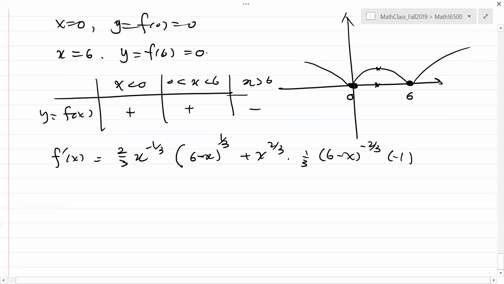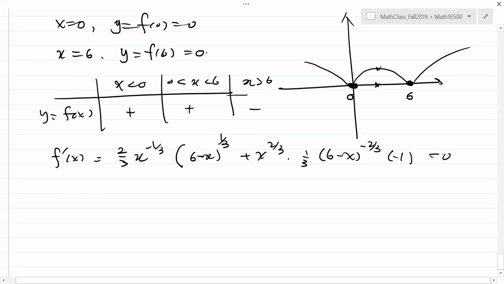So the question is, how can you find the zeros? Well, you simplify it.